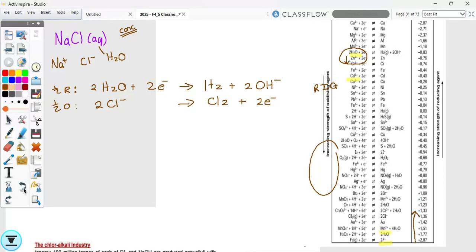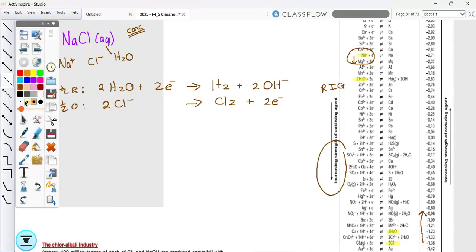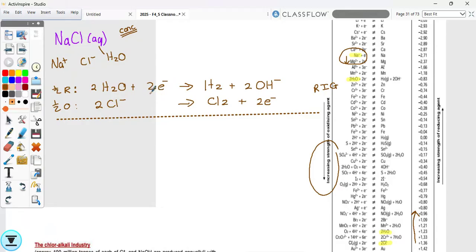So the only ion that can actually pass water is the chloride ion. For the IEB, there's nothing in the table that can do this except for chlorine. So look out for the chlorine one because that's the only one really. That's why I said it's kind of an exception. Does that make sense?